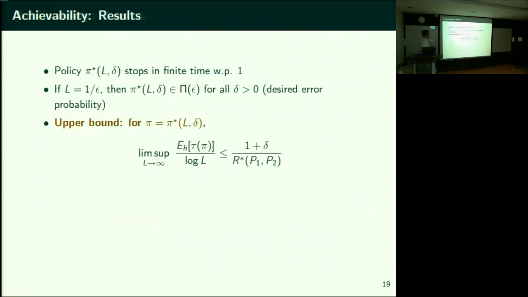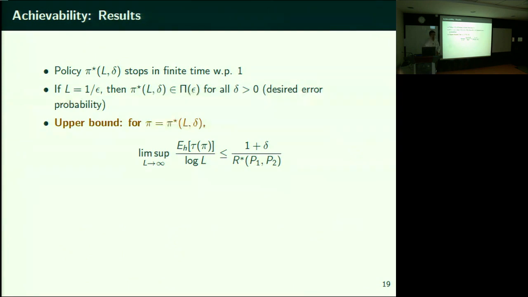Okay, so our policy actually has this sort of an upper bound, and here delta is some parameter that you choose in order to ensure whatever degree of accuracy you want to the lower bound. Okay, the lower bound is a supremum. So your upper bound can come arbitrarily close to the lower bound, and that arbitrariness is captured by a delta.